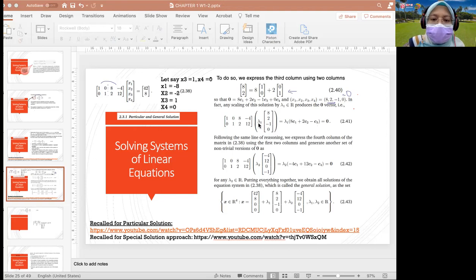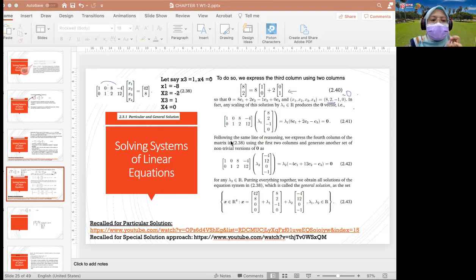But this solution here, remember, this is the A matrix, this is the X matrix. So this is the second possible solution, and it can give us a different sign for the same number. That's why we need the scalar here.